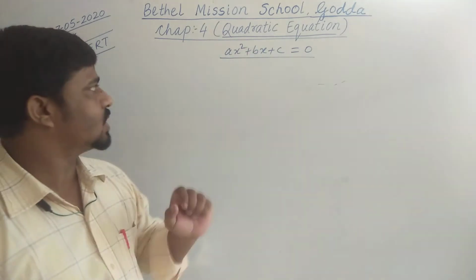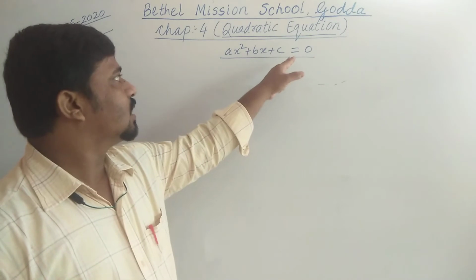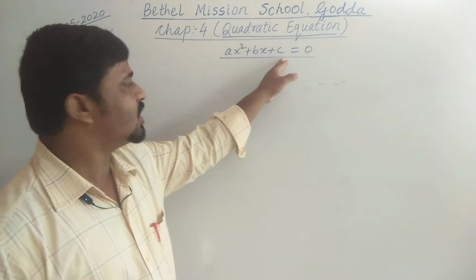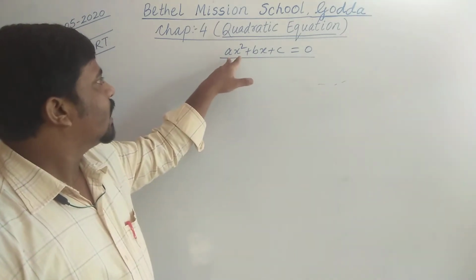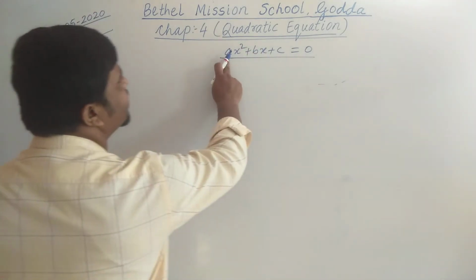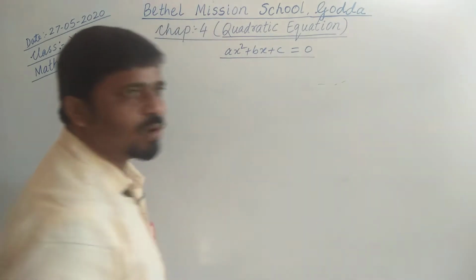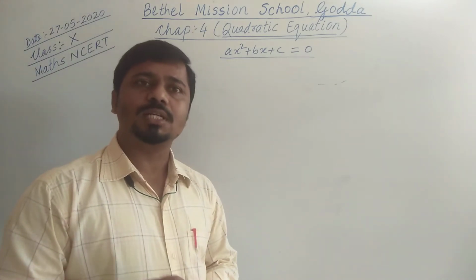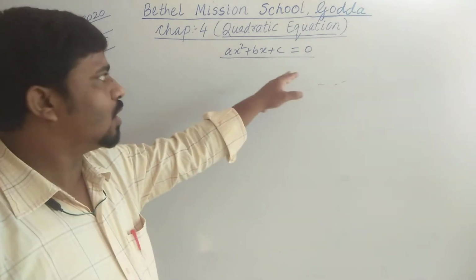In ax square plus bx plus c, a, b, c are real numbers, and here a is not equal to 0. Do you know why? Because when a is 0, it becomes bx plus c equal to 0, which is a linear equation, not a quadratic equation. So the condition is a is not equal to 0.